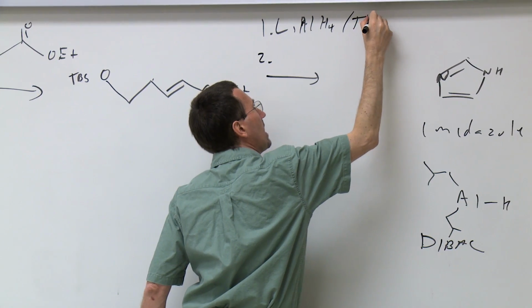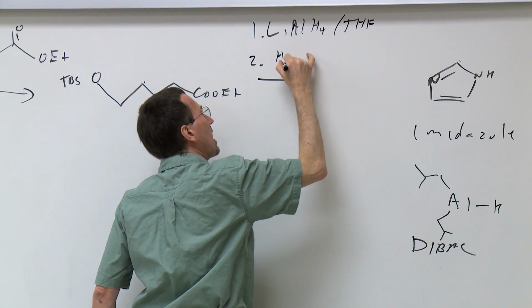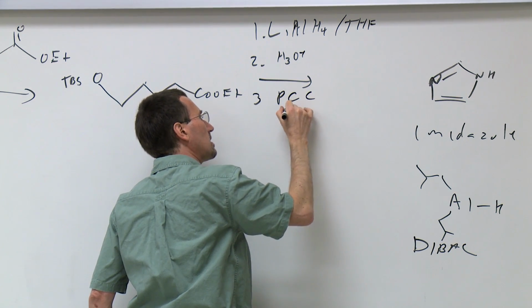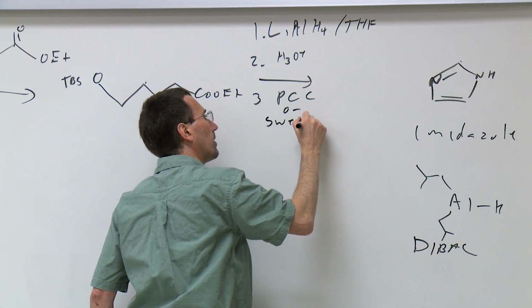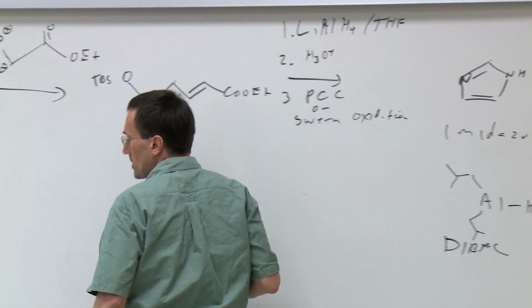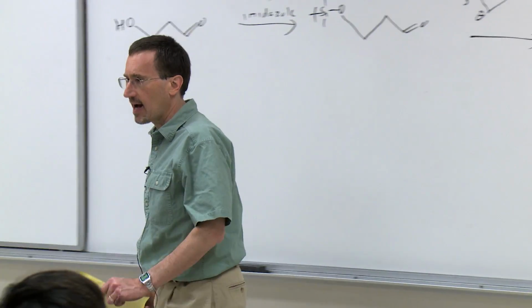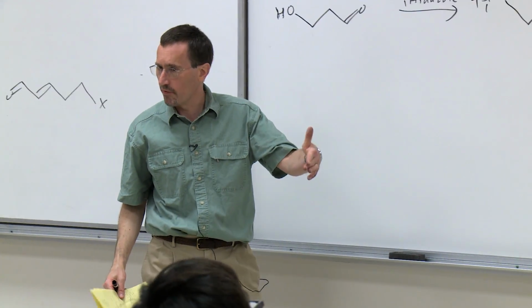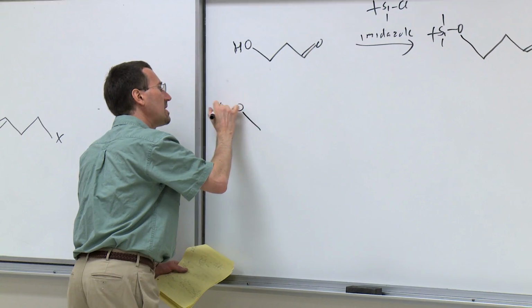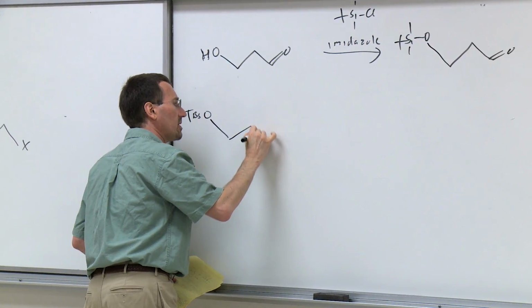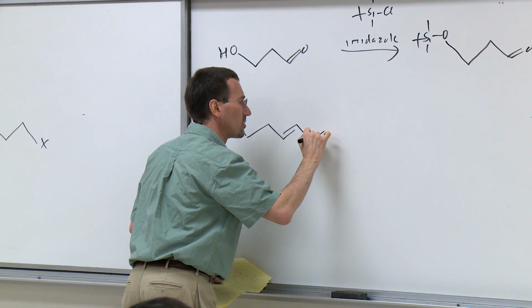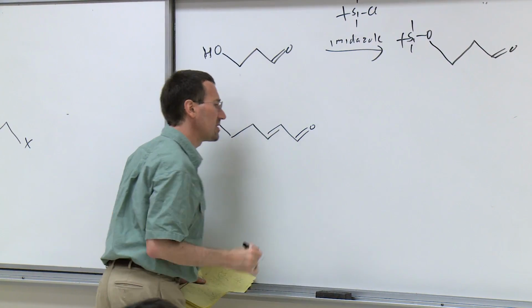So I'll say LAH and THF. Carry out an aqueous workup, and then in another step, do a PCC or Swern oxidation. Remember, PCC and Swern take an alcohol back up to the aldehyde. They don't over-oxidize to the acid. So that would probably be how one would typically carry out this chemistry. Fewer steps is great, but sometimes steps are so easy that it's not worth fussing with.